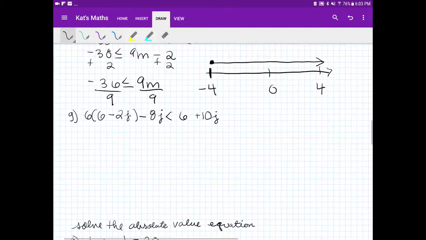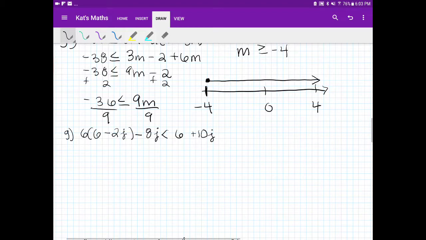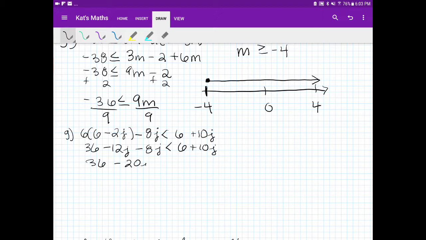Okay, the last one of this kind, we're going to have to do some math to combine like terms. So here we have 36 minus 12j minus 8j is less than 6 plus 10j. So combining like terms, I've got negative 20j on this side.